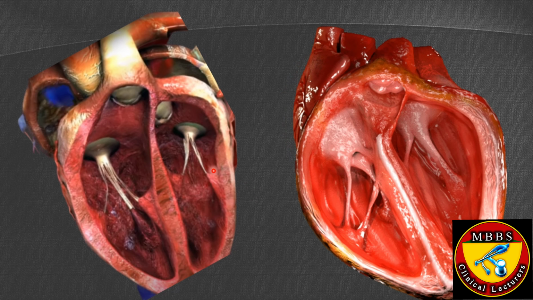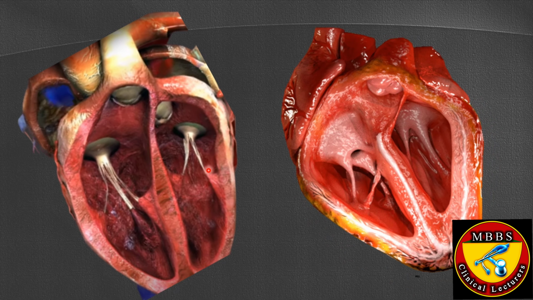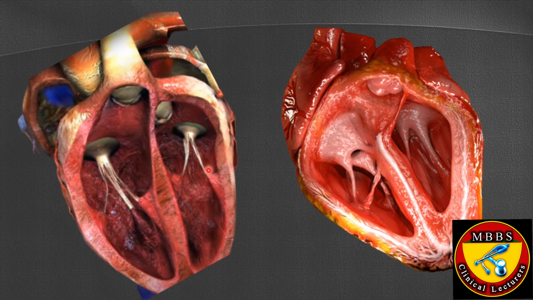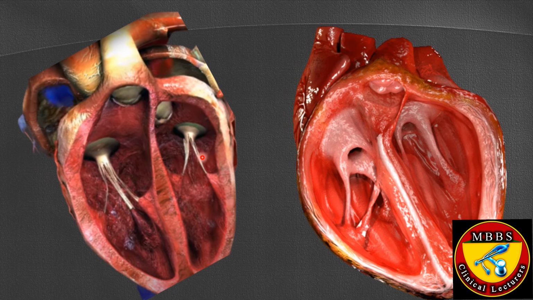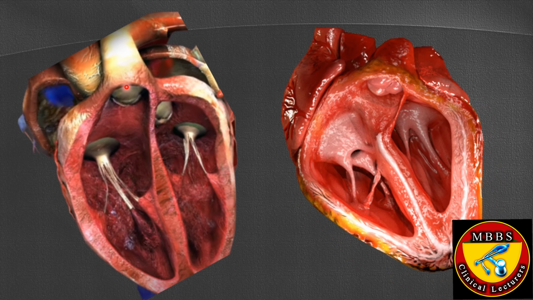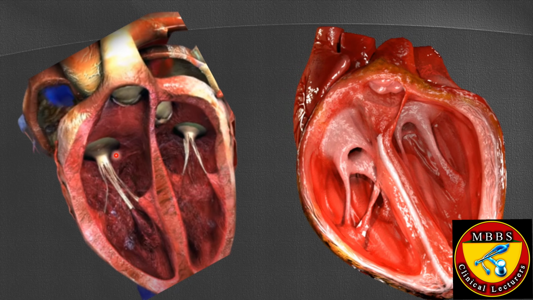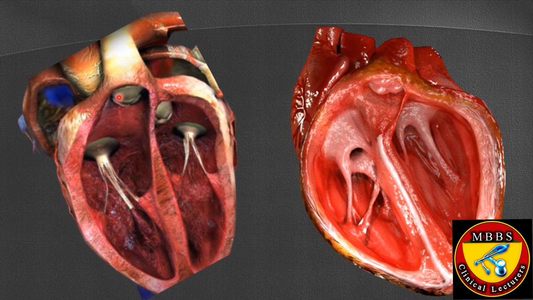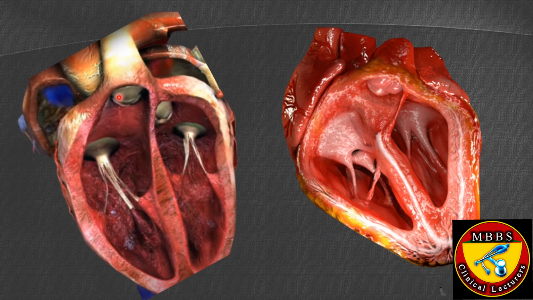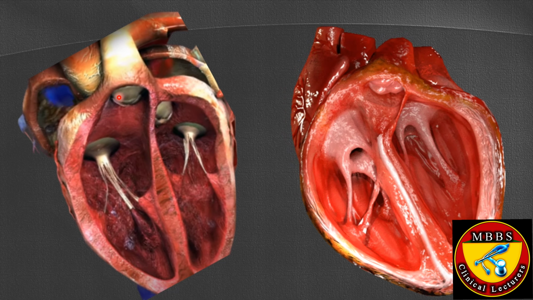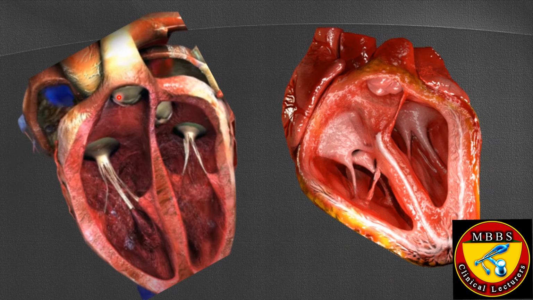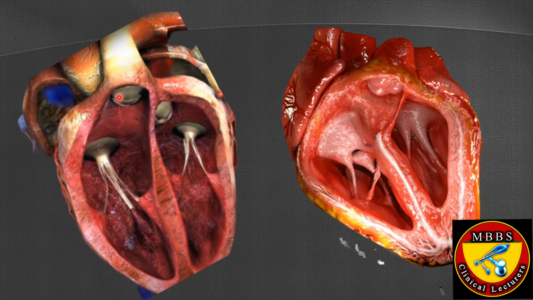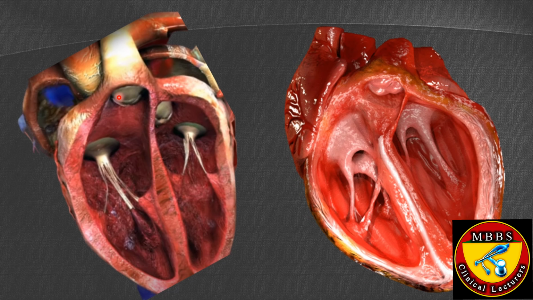The reason why the right side of the heart is thinner and the left side wall is thicker is because the blood going from the right ventricle to the pulmonary vessels, as we already know, faces less pressure, like 25 millimeter of mercury within the pulmonary vessels, and the blood in the systemic vessels has a pressure of 120 millimeter of mercury.